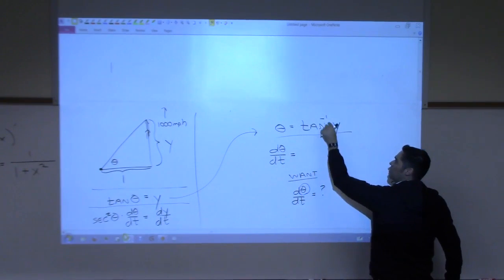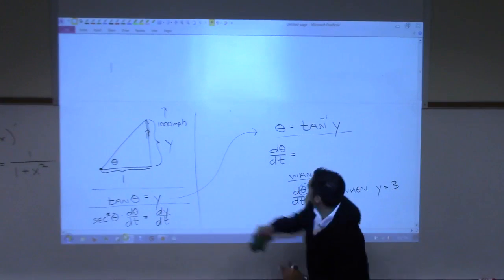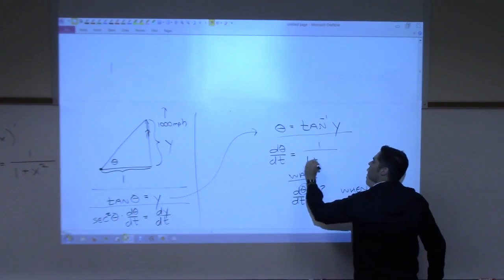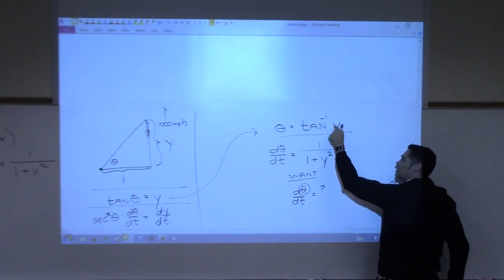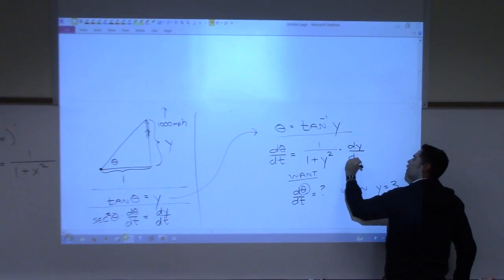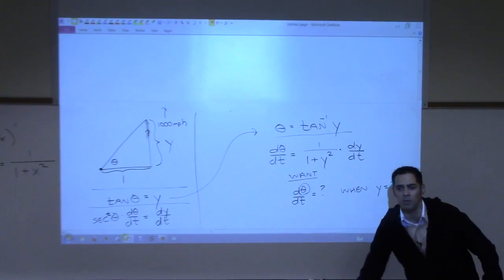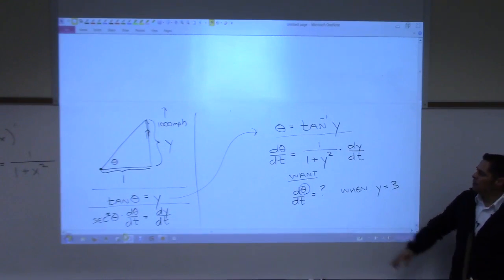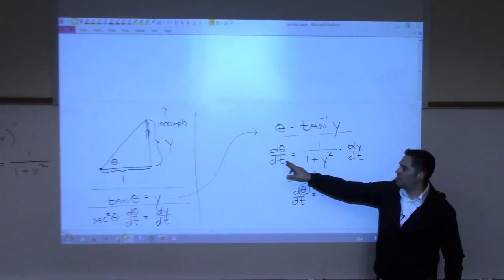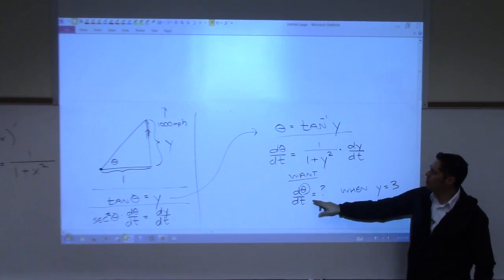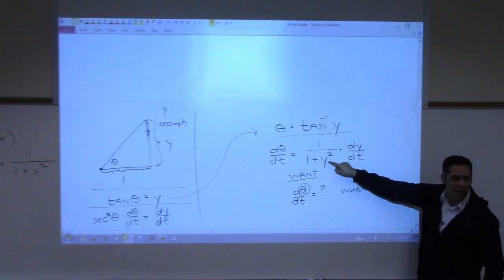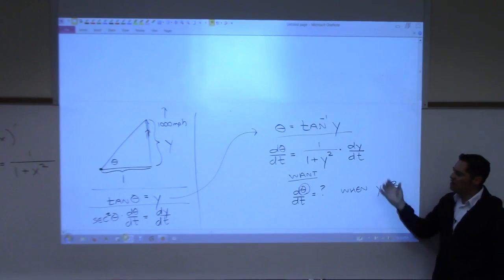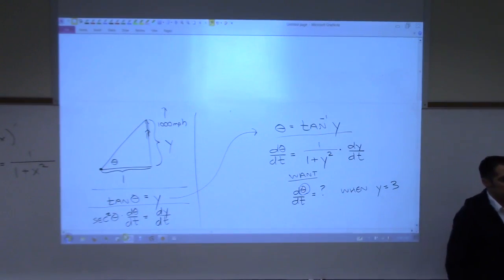What's the derivative of arctangent of something? 1 over 1 plus y squared, but by the chain rule times the derivative of what's in there, dy dt. Do you see how this one would be easier to work with? d theta dt, use what you want to know. dy dt is 1,000, you knew that. And all you need now is y, and you have y is 3. It's just easier. You don't have to go solve for theta.